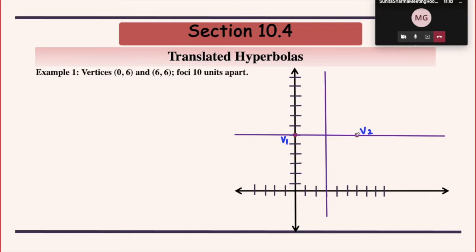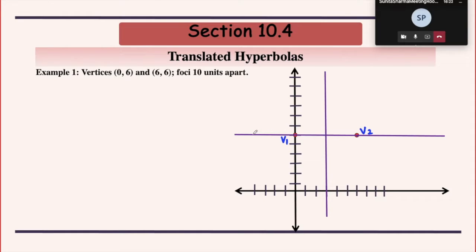Okay, now one more thing, foci are 10 units apart. So we can firstly figure out the position of the foci, but before that, which is your focal axis? Where will your foci lie, on which axis? What is the focal axis for this hyperbola?